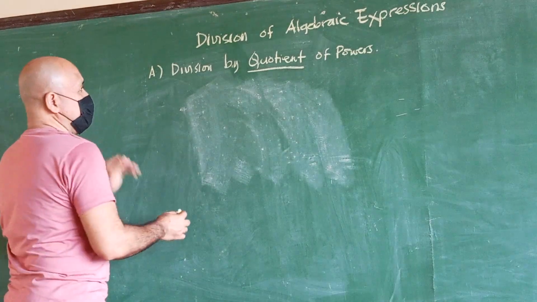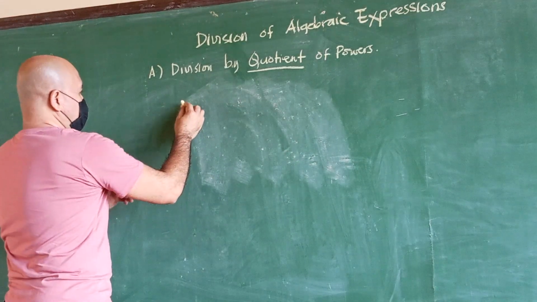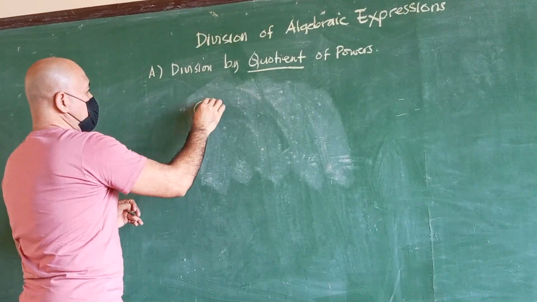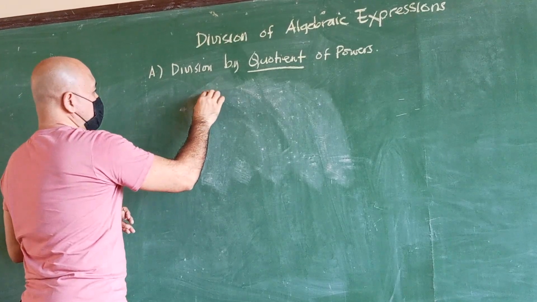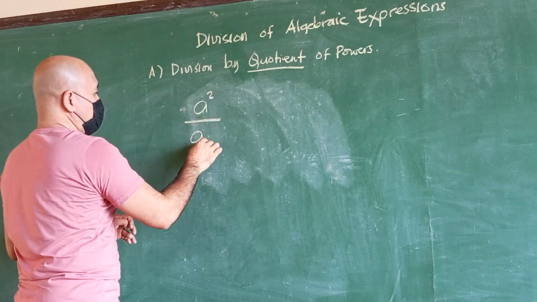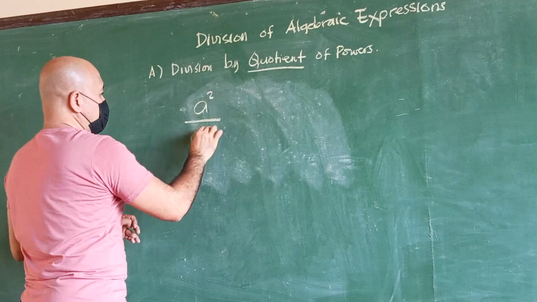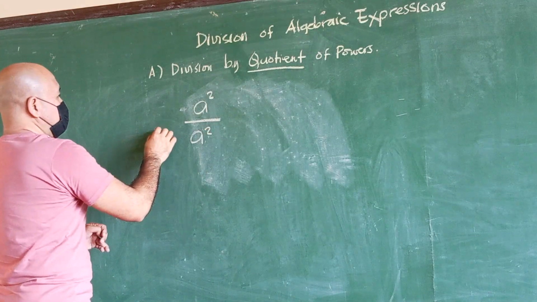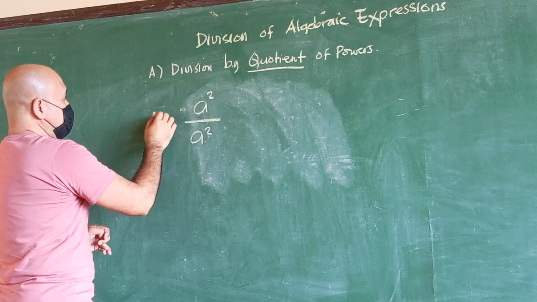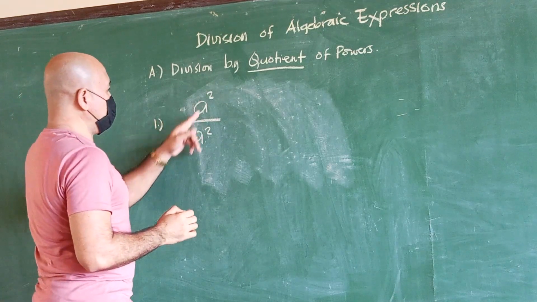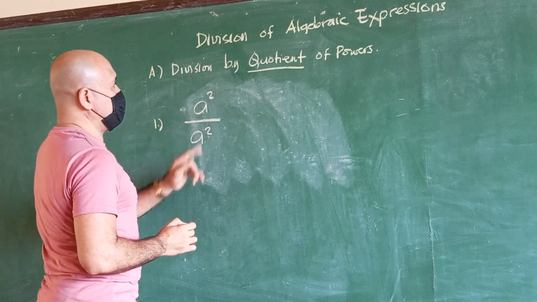Okay, for example, we have a raised to the power of 2 over a raised to the power of 2. So this is the first case under this one. For number one, you have a squared over a squared.